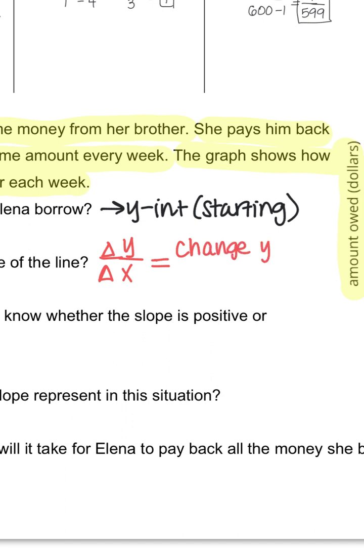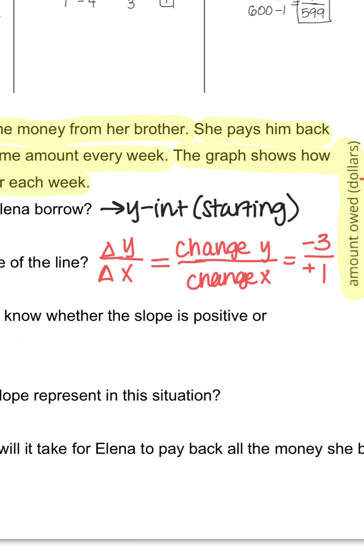So change in y over the change in x. So if we start at this first point here, we're going down 1, 2, 3. So that is a negative 3 change because we went down and then we went over 1. So our change in y was negative 3 and our change in x was a plus 1, which gives me a slope of negative 3.